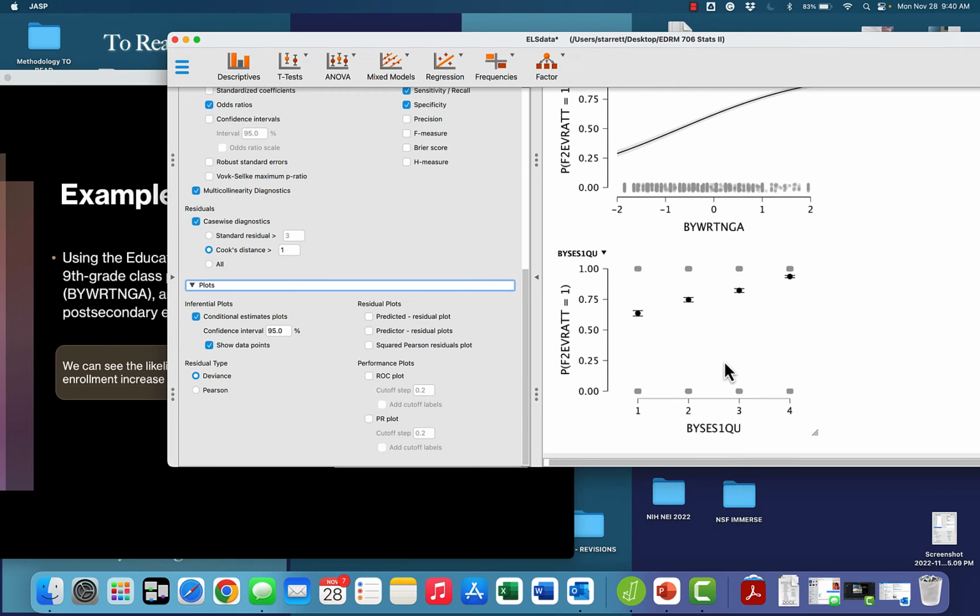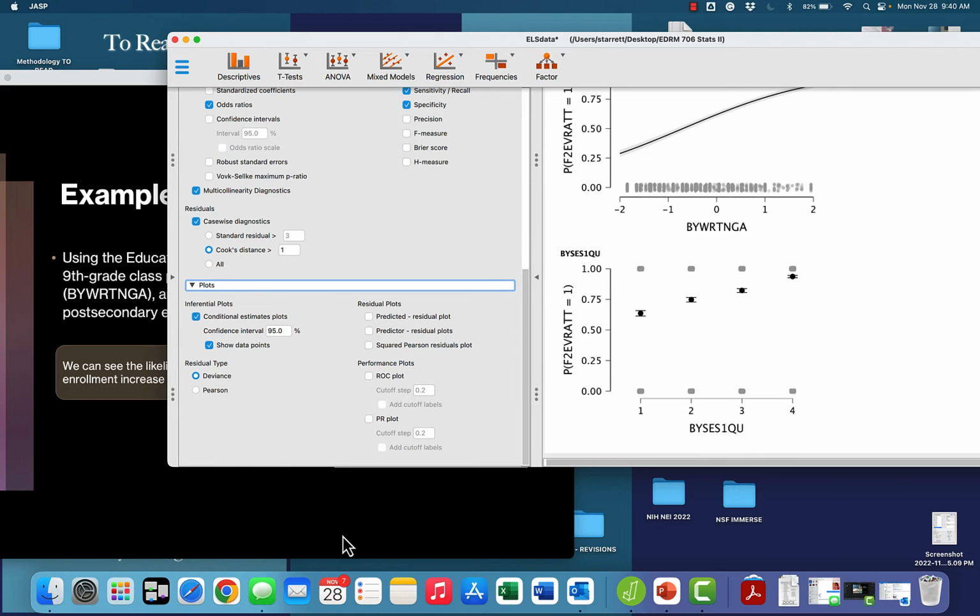But let's take a look here at SES. These bars represent 95% confidence intervals. None of them overlap. We're really seeing that for each incremental increase in SES quartile, the likelihood of enrolling in post-secondary just really increases. So we've got a huge difference between the first quartile and the highest quartile.